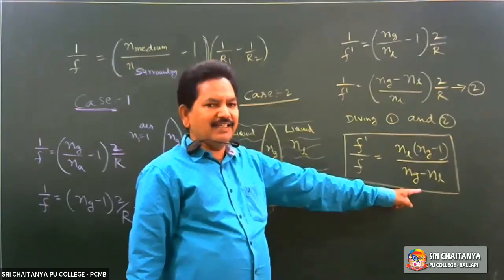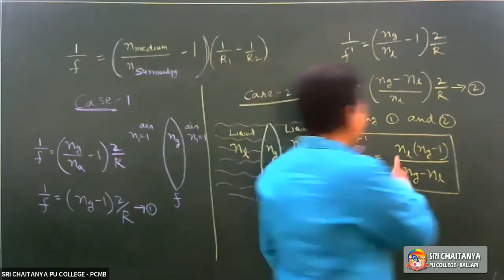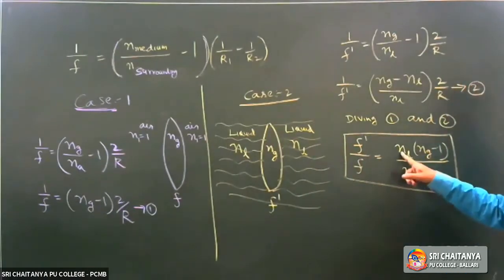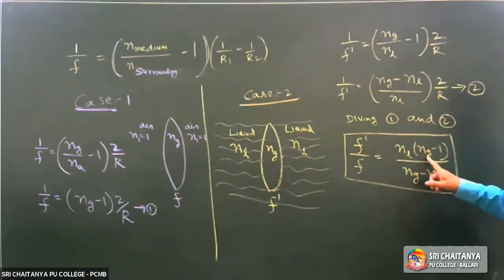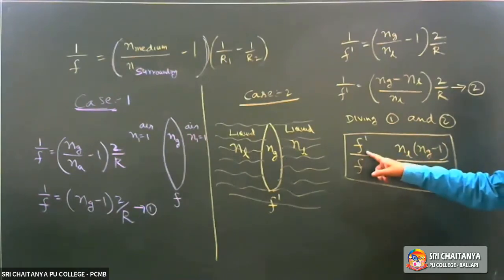Where Nl is the refractive index of the liquid, Ng is the refractive index of the glass. F dash is the focal length when it is immersed in the liquid.